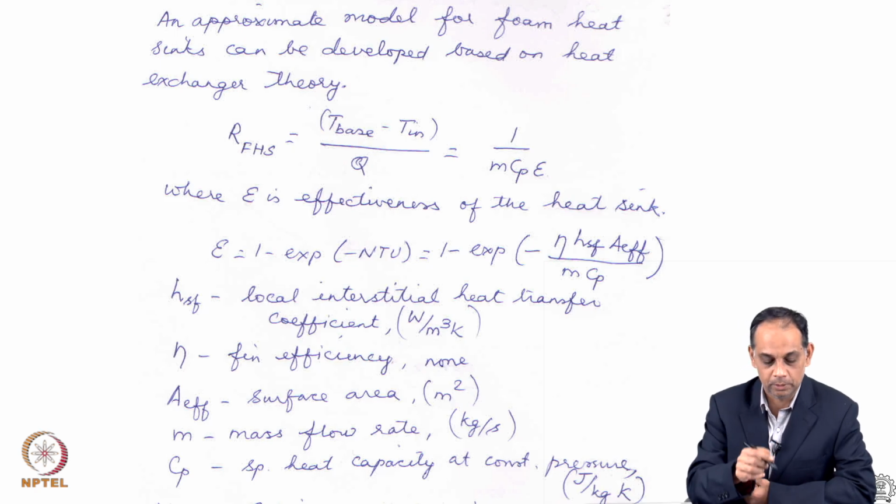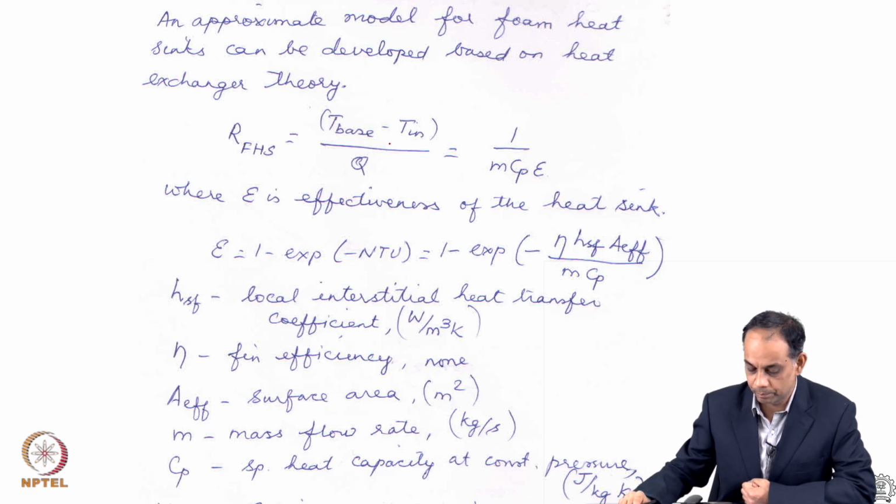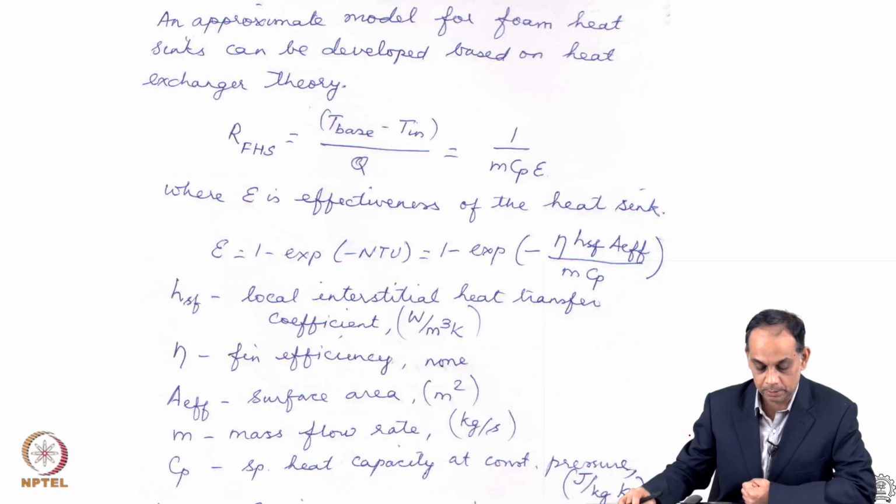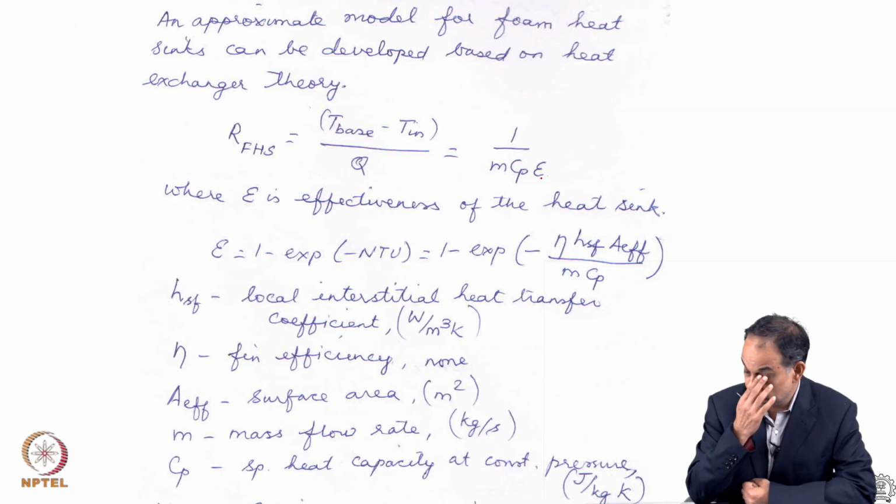So here is an example where if you had a foam heat sink and let us say this is the T base and this is coming in at some temperature T in, then how do I go about calculating the resistance of such a foam heat sink? And that is what is shown here, 1 by m dot Cp into effectiveness.